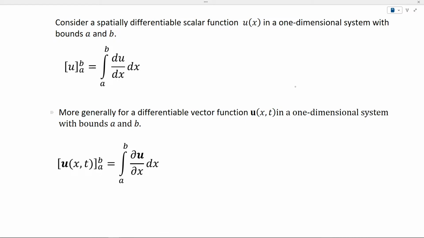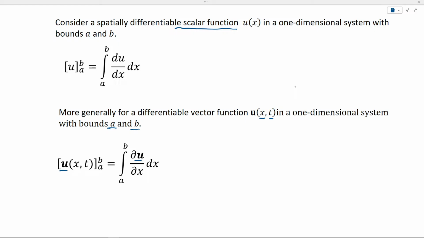More generally, consider a differentiable vector function in a one-dimensional system with bounds a and b, which has two variables, x and t. So this is a function that is not only changing in x but changing in x and t.